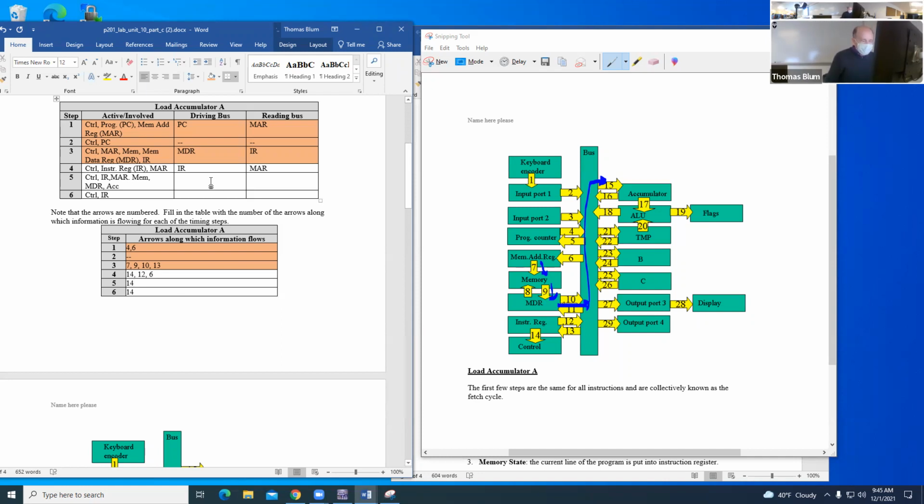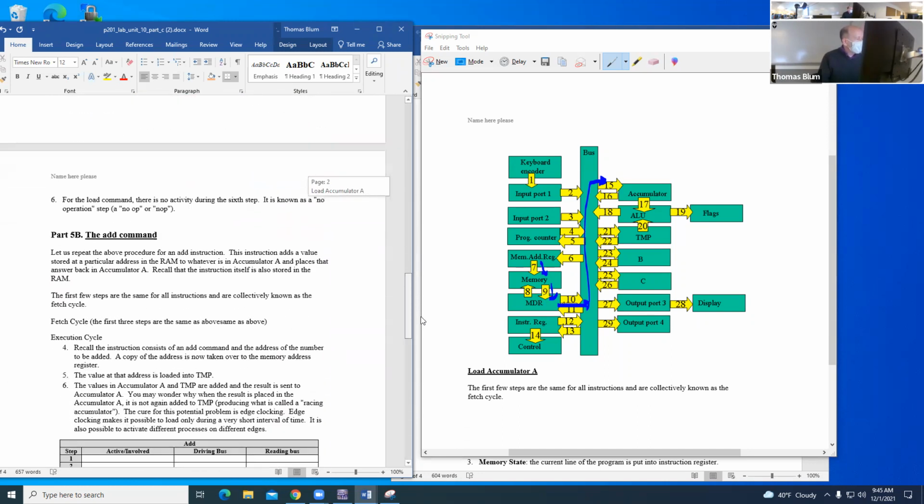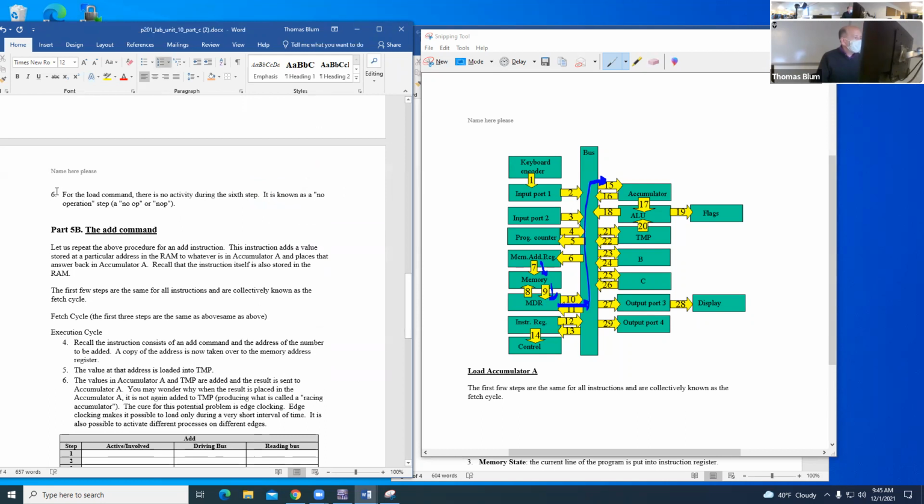Okay, so who is driving the bus? The MDR. Who was taking the thing off the bus? The accumulator. What are the numbers? 7, 9, 10, and this time 15. And now I have the number in the accumulator. And on this instruction, step 6 is just to do nothing.